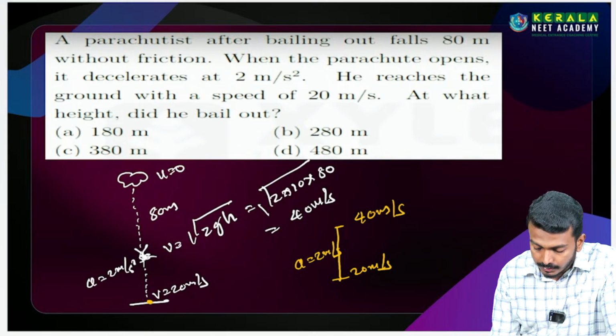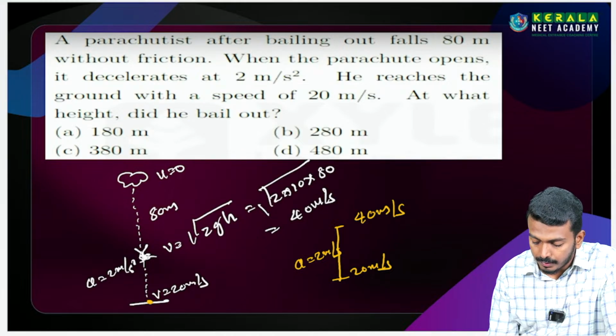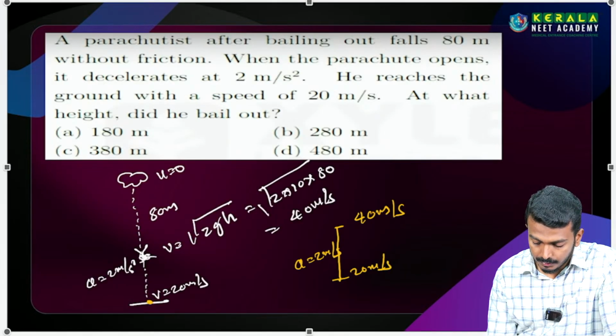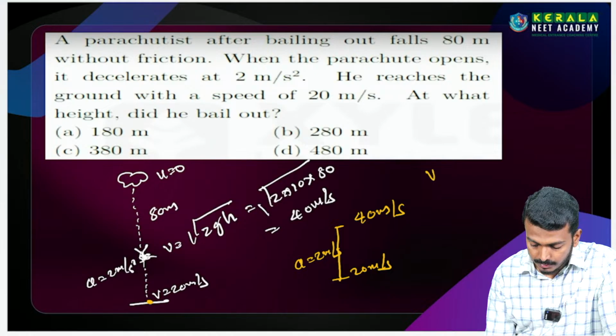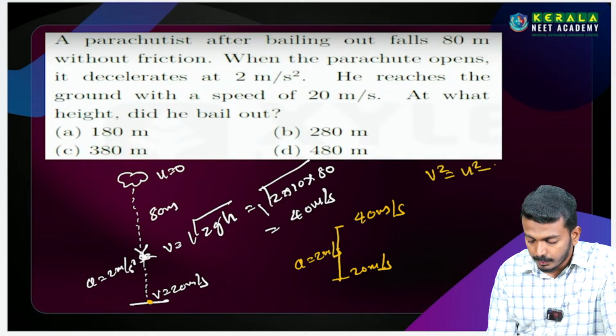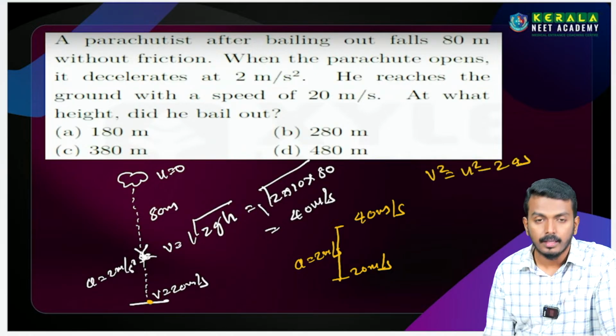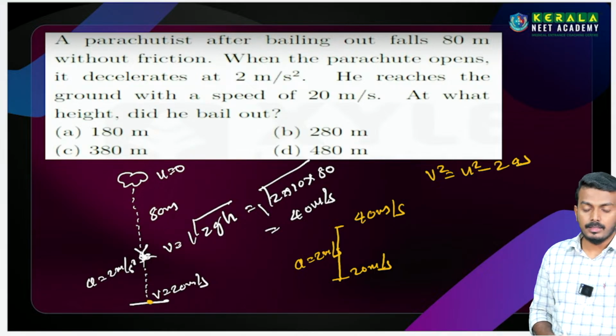Then how to find this distance? Which formula should we use to find this distance? Yes, v square is equal to u square minus 2as, because the body has retardation.